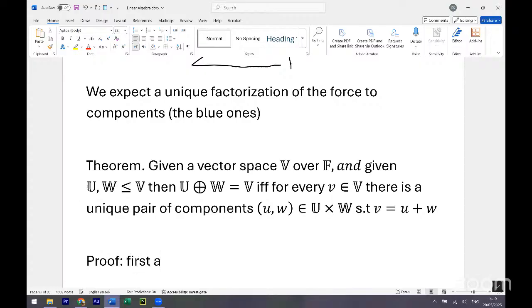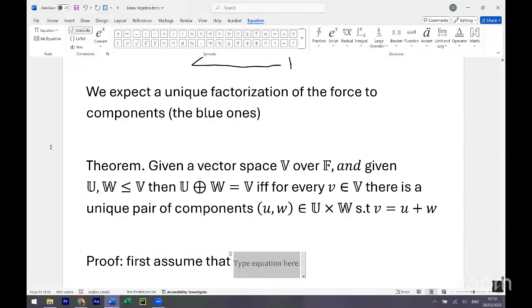Proof. First, assume that U plus W is the direct sum.